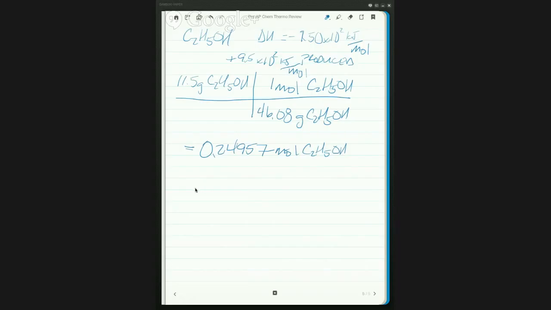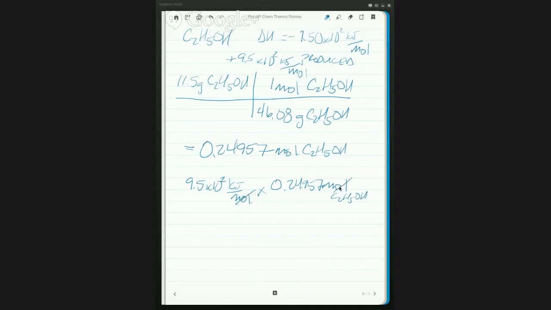Now, if I want to know how much heat is produced, which is just straight up kilojoules, I'm going to take my 9.5 times 10 to the second kilojoules per mole times 0.24957 moles, right, of the C2H5OH.